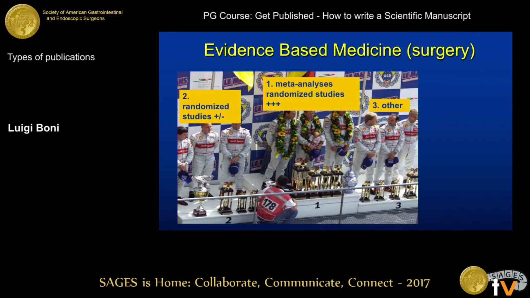I'll give you an example. I'm preparing with the EAES a consensus conference on single-port surgery. And my topic was single-port colorectal surgery because that is one of my fields of interest. And we analyzed the literature extensively.